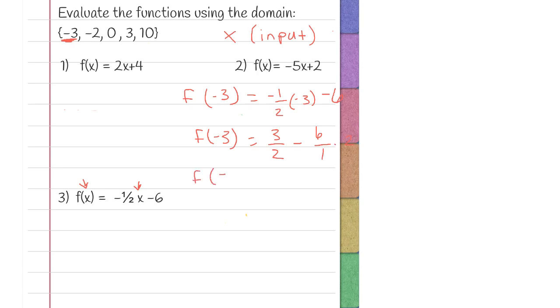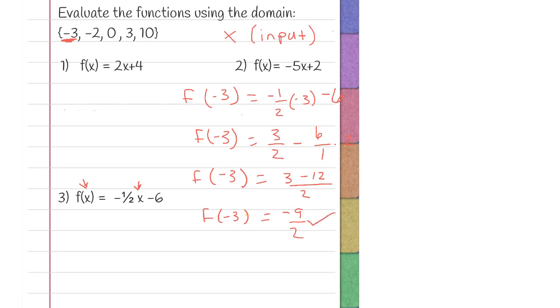So I get that f of negative 3 is equal to 3 minus 12 over 2. And 3 minus 12 is going to be negative 9 over 2. And so that's my answer for that one.